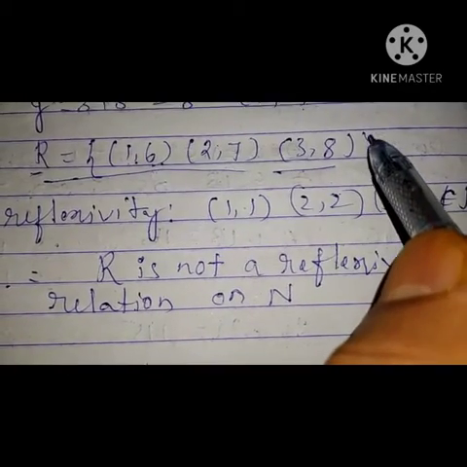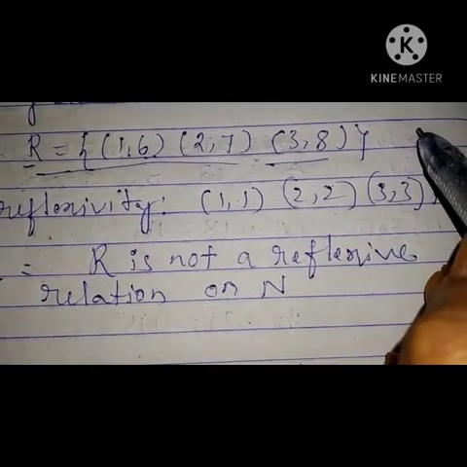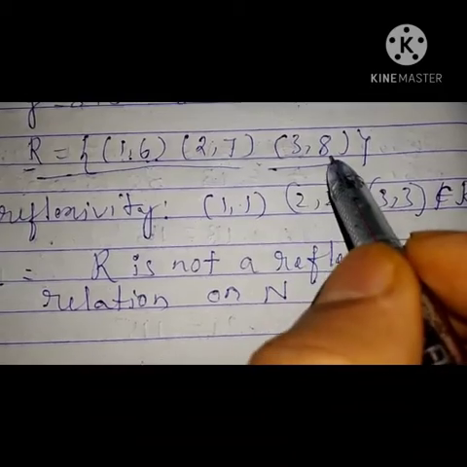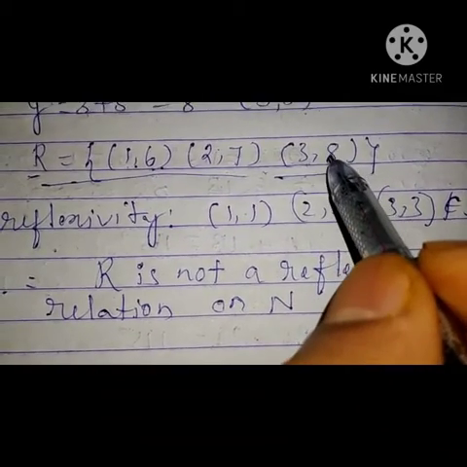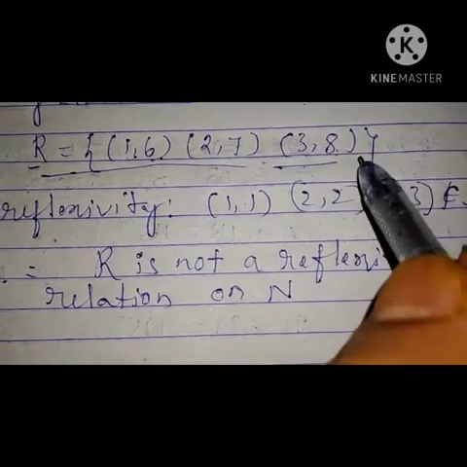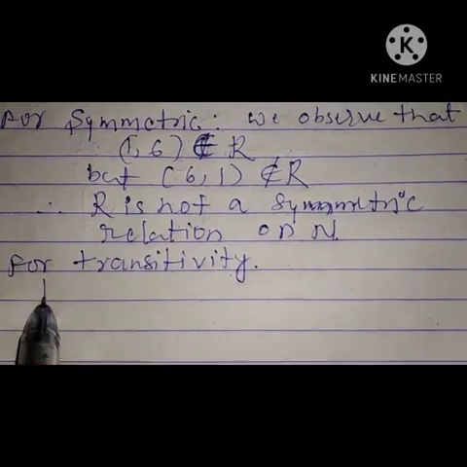Also (2, 7) is there, and there is no 7 as a first element in the set of ordered pairs. (3, 8) is there, and there is no ordered pair with 8 as a first element.